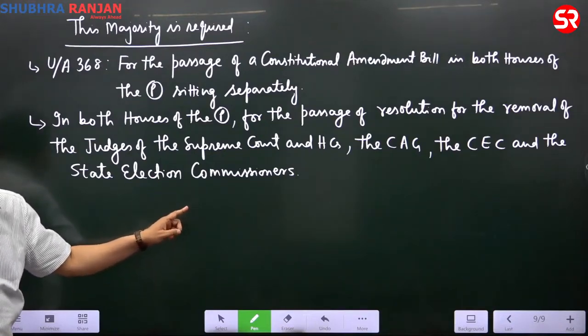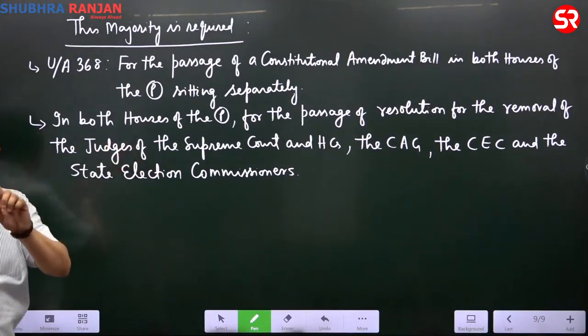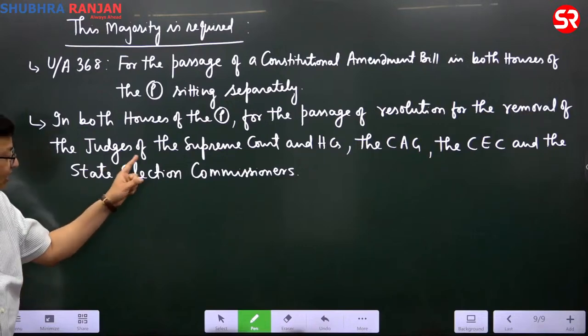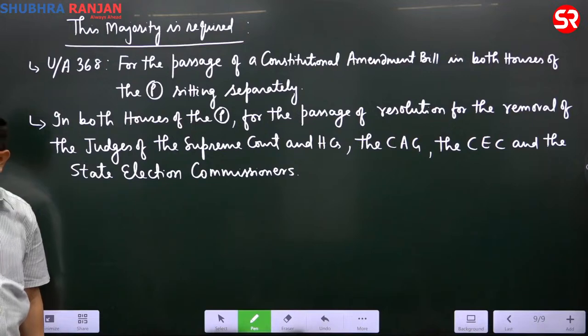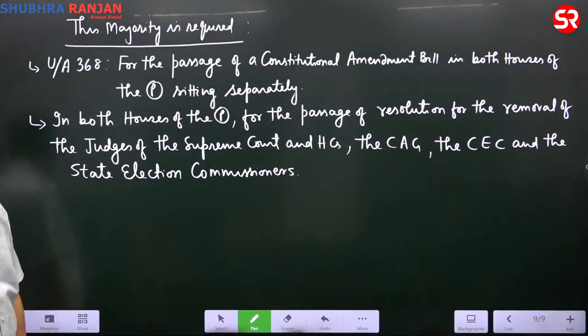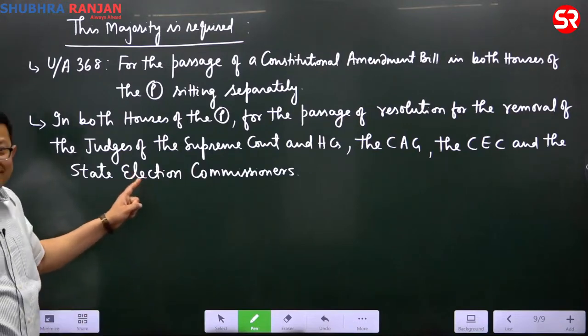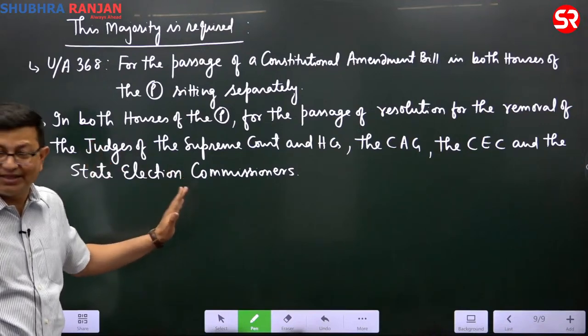They have nothing to do with the conduct of the Lok Sabha elections or the Vidhan Sabha elections. They conduct only the election of the panchayats and the municipal bodies. They are appointed by the governor of the state, but they can be removed in the same manner as a judge of the Supreme Court or High Court is removed by the president.